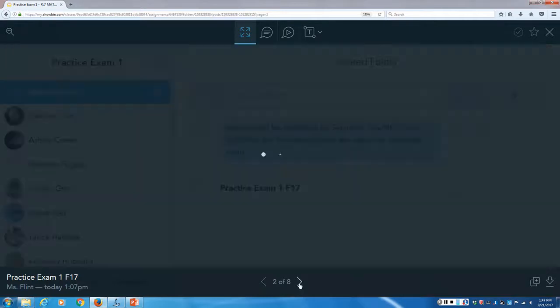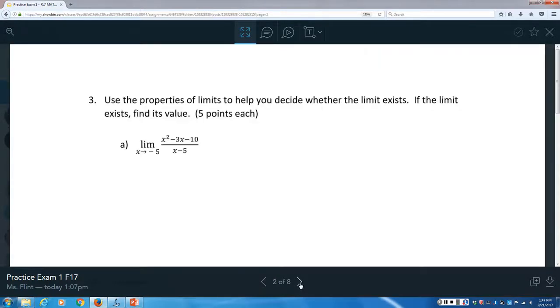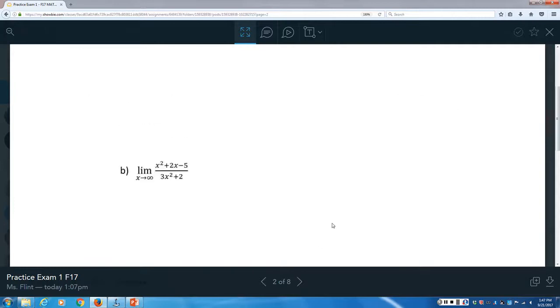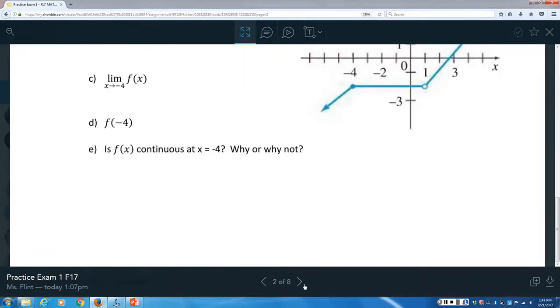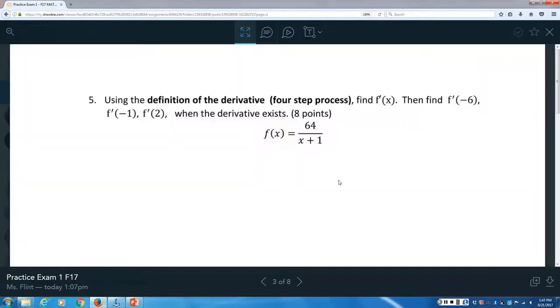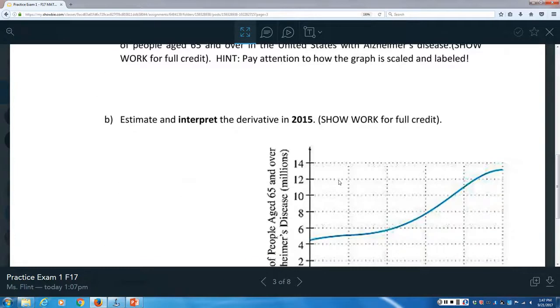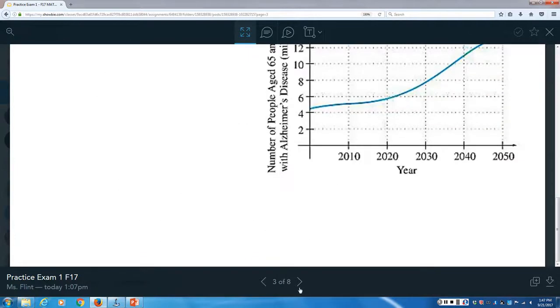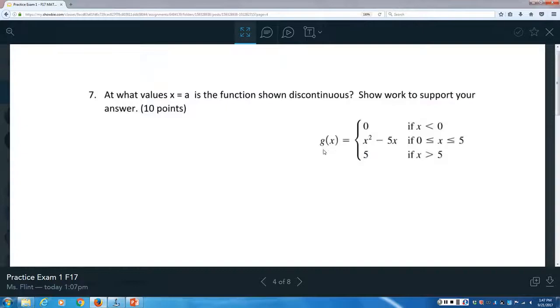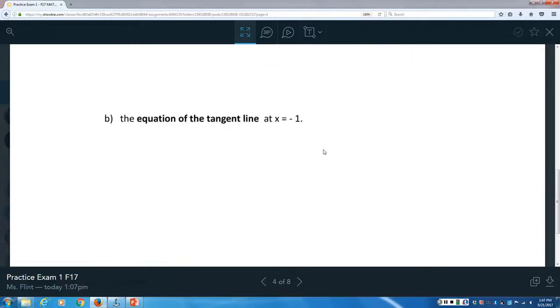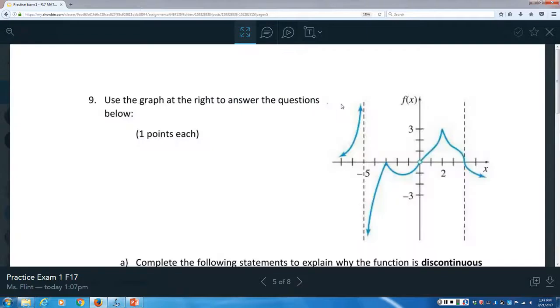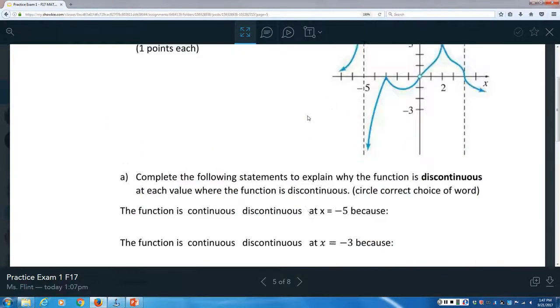None of these should look totally unfamiliar to you. So what I was doing when I put this up there was trying to give you as much knowledge about what the test was going to look like as I could give you.